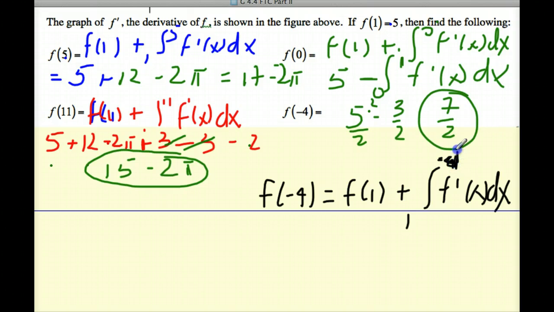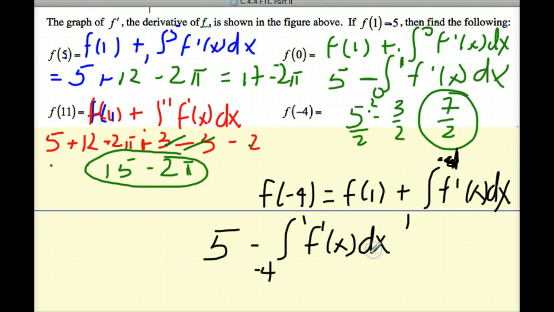It's a 4 right there. And then what we notice is, once again, we need to flip this. So we do f of 1, or in this case, let's actually plug in our 5. Get 5 minus the integral of -4 to 1, f prime of x dx.